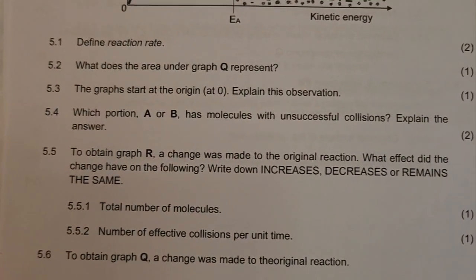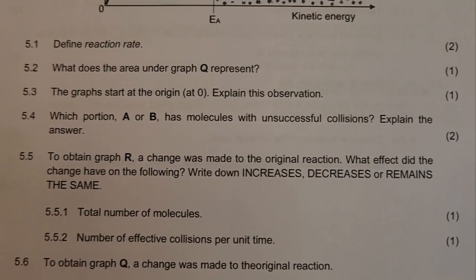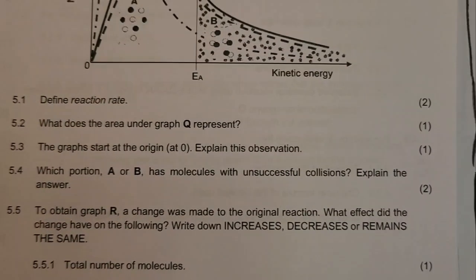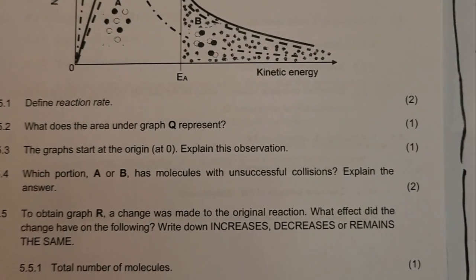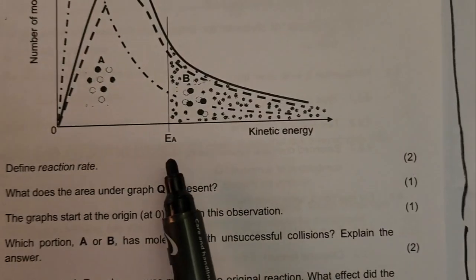Now 5.4, which portion, A or B, has molecules with unsuccessful collisions? Unsuccessful collision must be lower than activation energy.